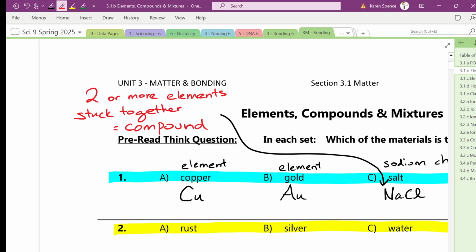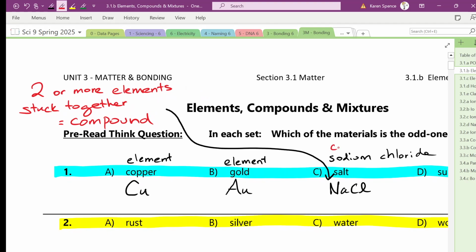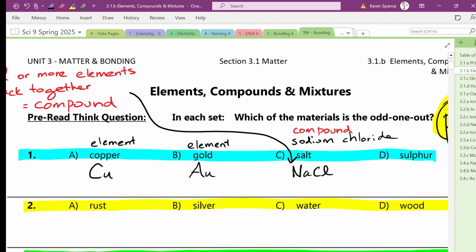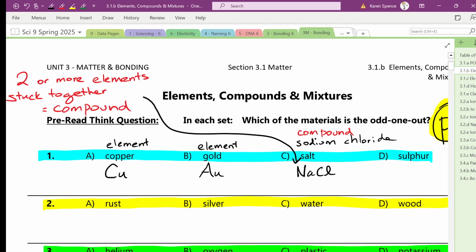So it's not an element anymore, it is a compound. And then finally, our last one is sulfur. Do you guys know the symbol for sulfur? S. Is that an element or is it a compound? That is an element.